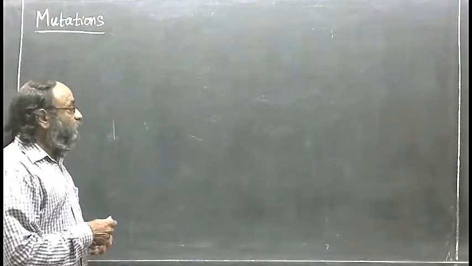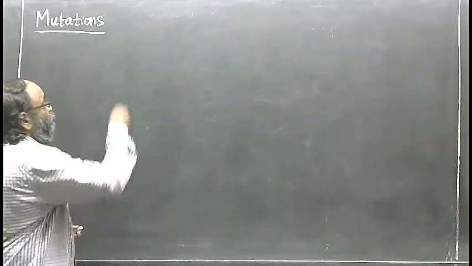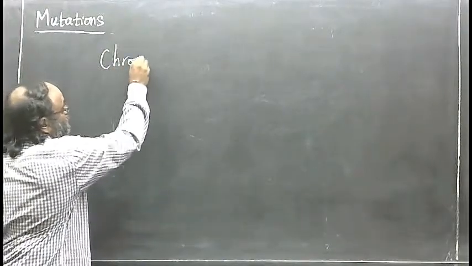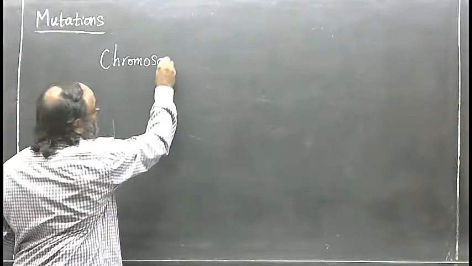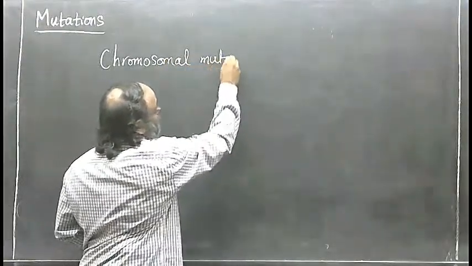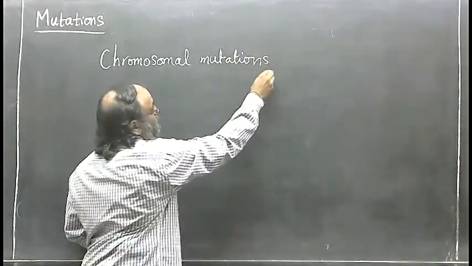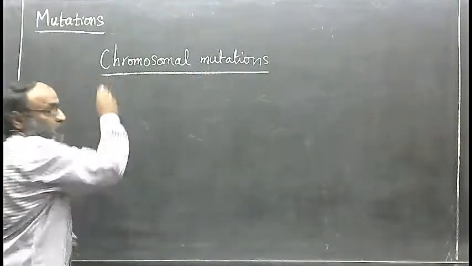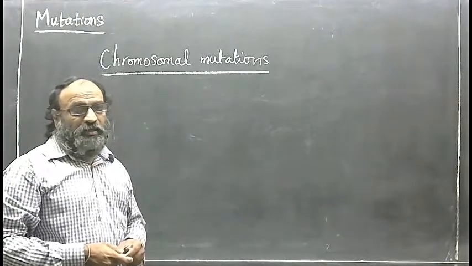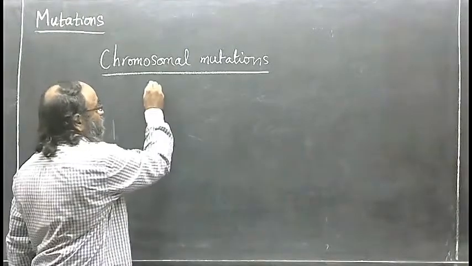Now the third type of mutations are chromosomal mutations. In this type of mutations, there is a change in the karyotype of chromosome, that is, morphology of chromosome.